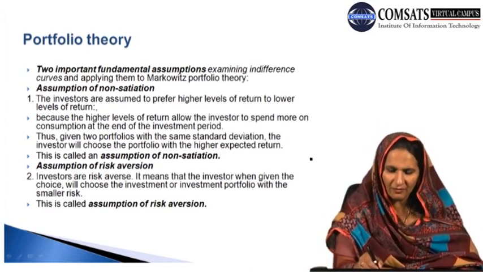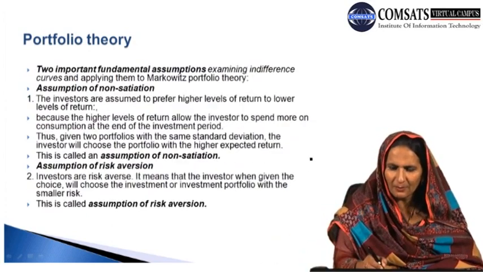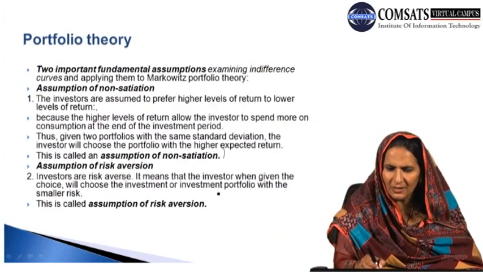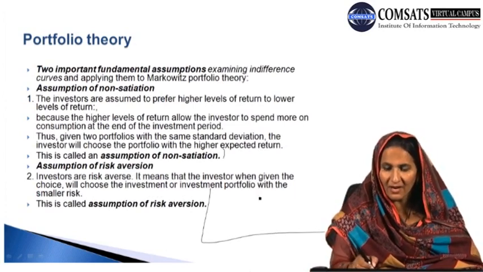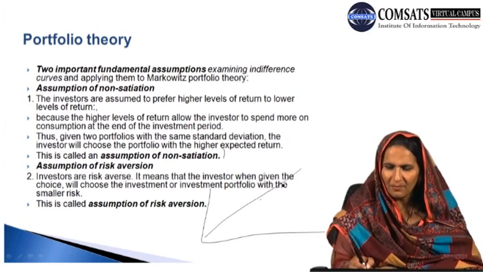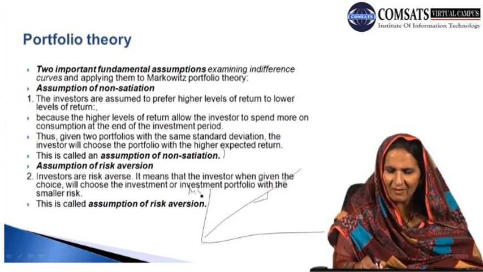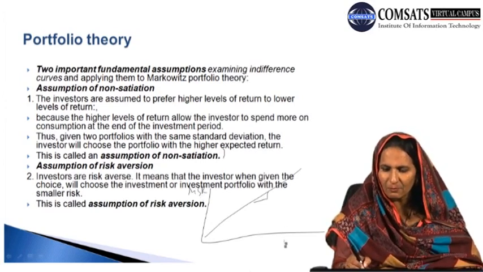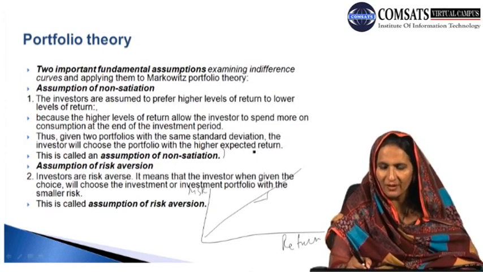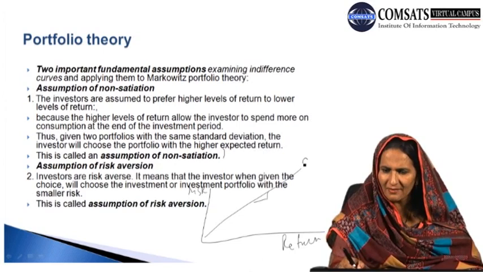For example, if we draw the curve, what is the portfolio for an individual who is a risk averter, who avoids risk? We can say there is a constant relationship between risk and return. If we have risk on the vertical axis and expected returns on the horizontal axis, we can elaborate the relationship between these two variables for a risk averse person.